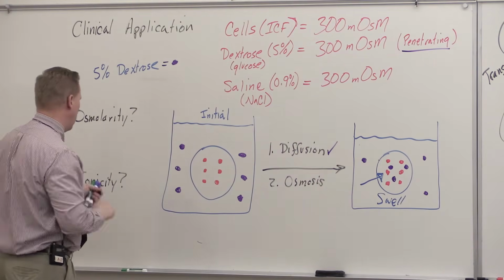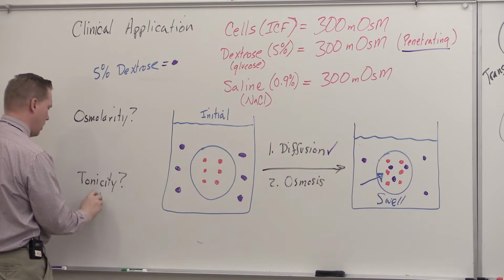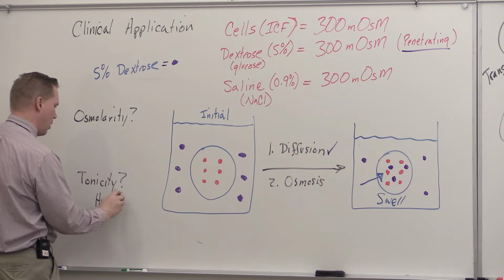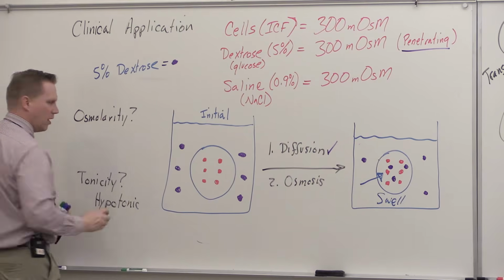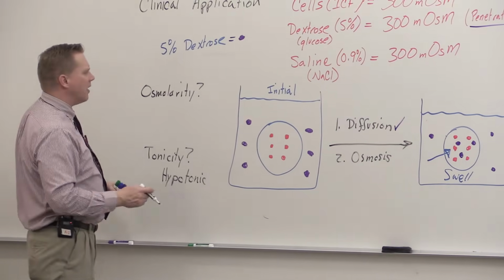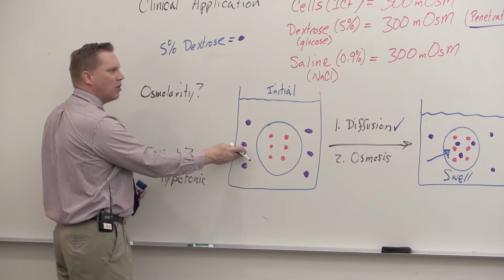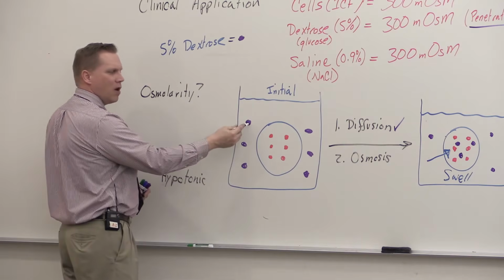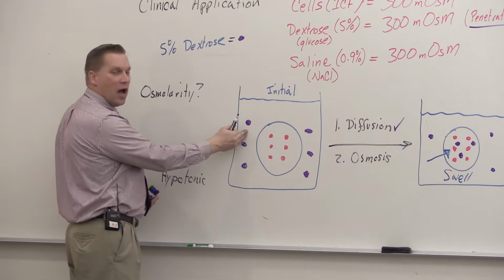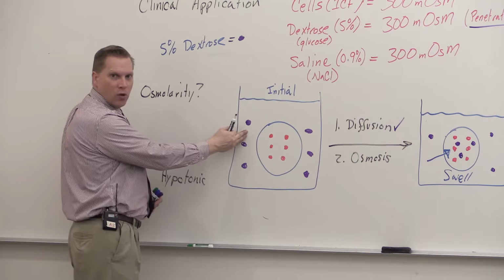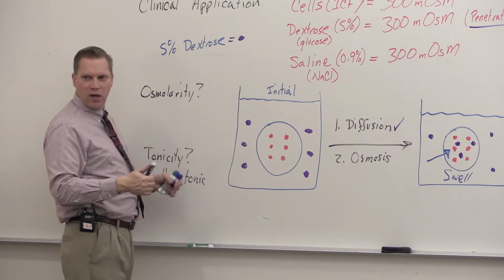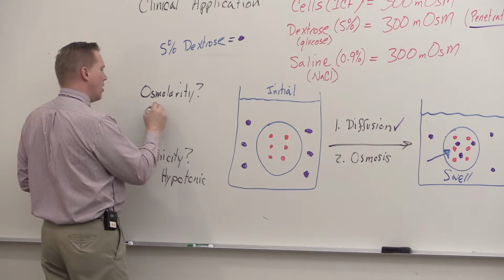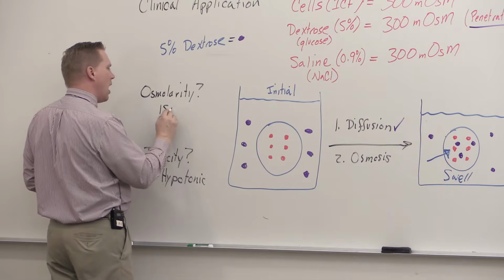So 5% dextrose must be hypotonic. On the other hand, when it first started out, it was the same concentration outside the cell, 300 osmolar, as inside the cell, 300 osmolar. So the osmolarity was actually isosmotic.